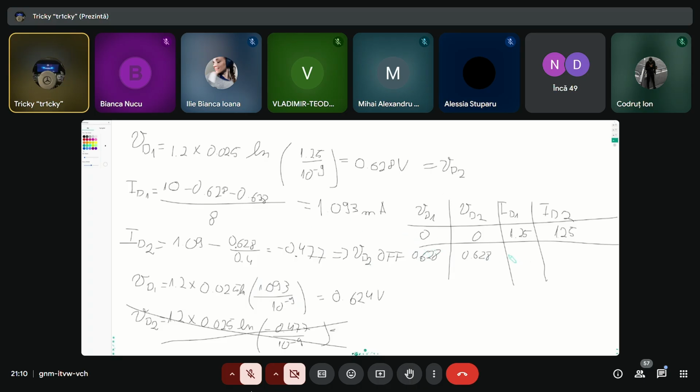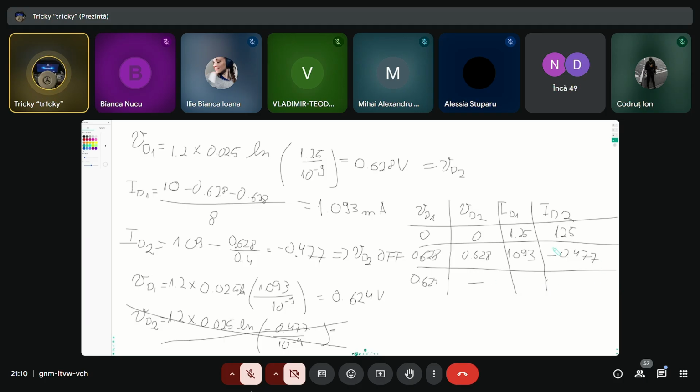ID1 was 1.093 and ID2 was minus 0.477, and here we have just 0.624, and here we leave nothing.